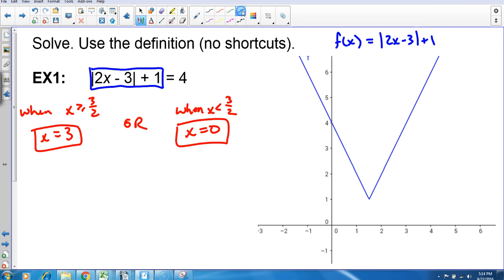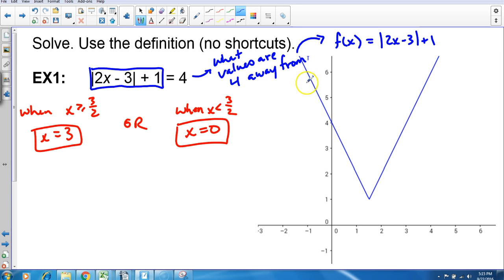So what they're asking is for what x's, or for what values, let me rephrase that, what values are 4 away from the function?